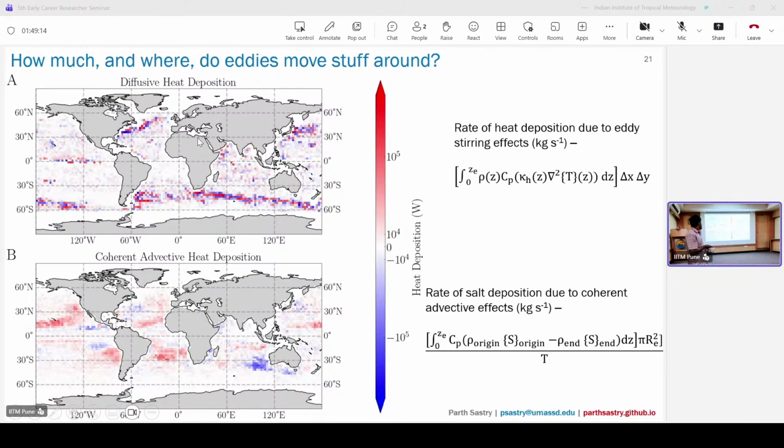As you can see, in the Bay of Bengal they're not super important for this sort of larger scale transport because the eddies are not traveling far. So the water properties at the final location of the eddy and the initial location of the eddy are not super different. So for heat and salt, it does not matter, but I expect for productivity, it matters quite a bit because you're transporting highly productive coastal waters to the offshore open ocean.